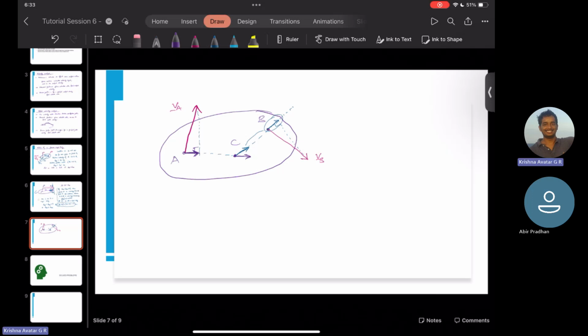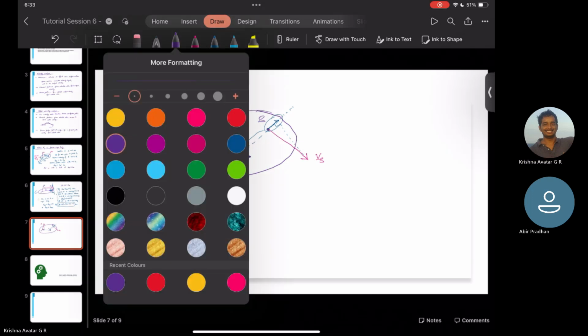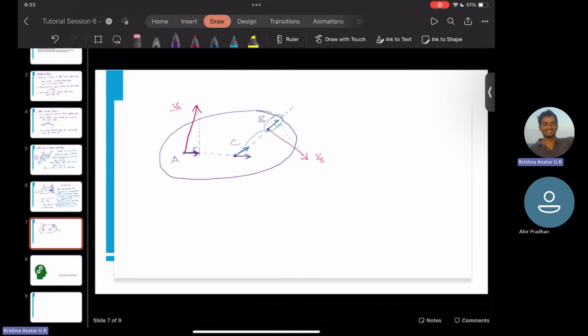And what we do now is draw a line perpendicular to this vector at the tip. So you have this, and we have this. And this is the intersection point of both these lines, L1 and L2, right?